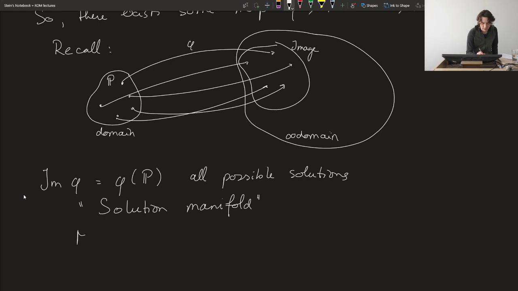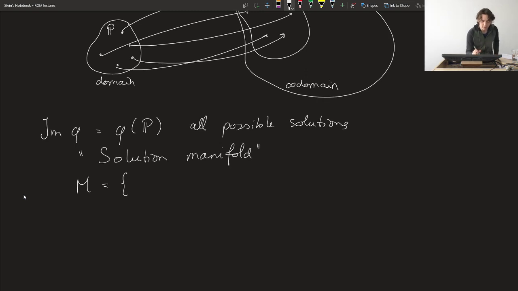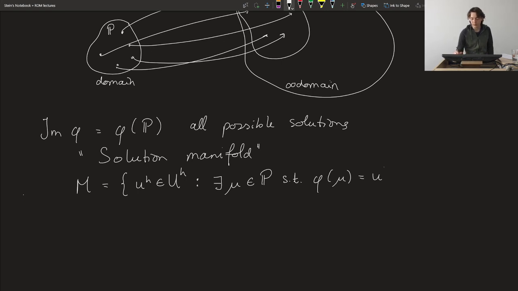We denote this with an N. So again, if I want to use my set notation, then I would say this is the set, curly brace, of functions U_H in the high fidelity finite element space U_H that satisfy the condition that there exists, that is this backwards E, some parameter point mu in P such that phi of mu is equal to U_H. So that is just a way of writing the set of all possible solutions.